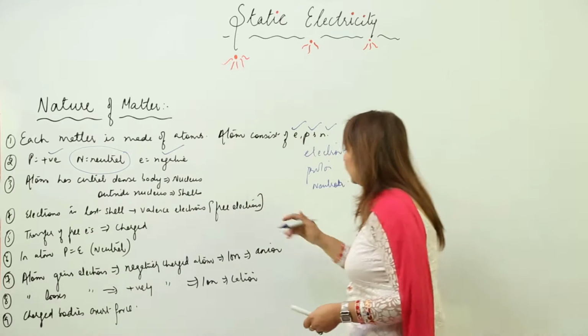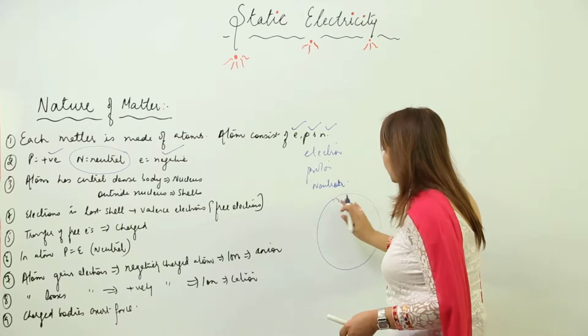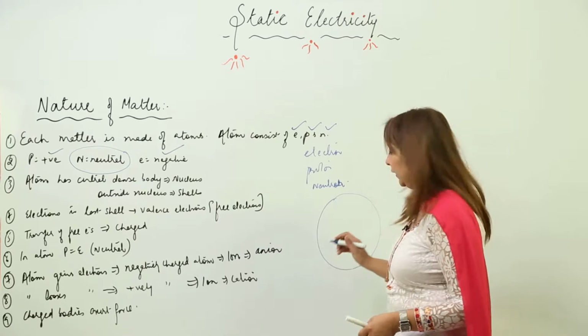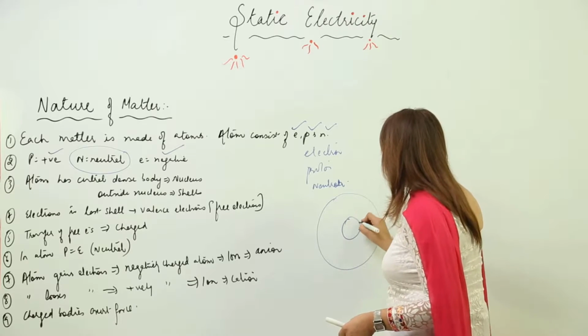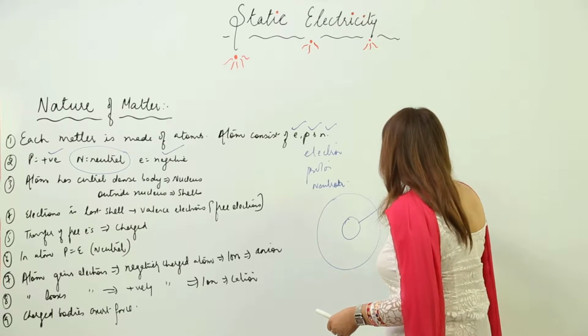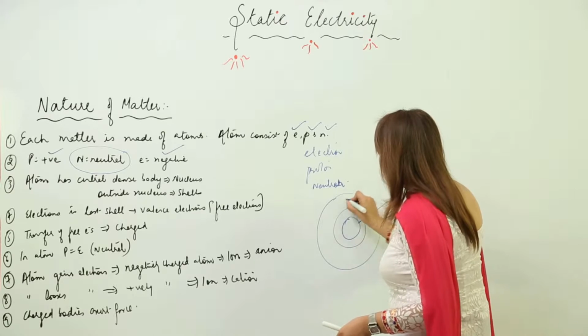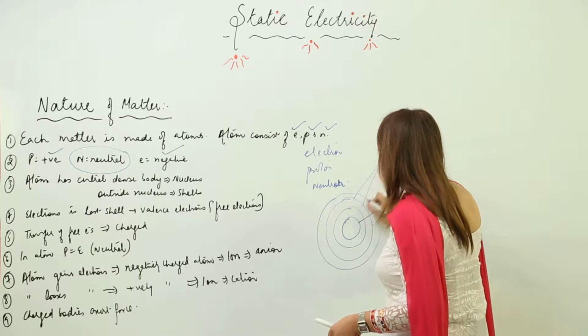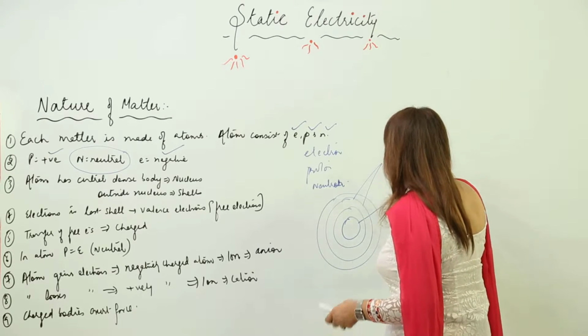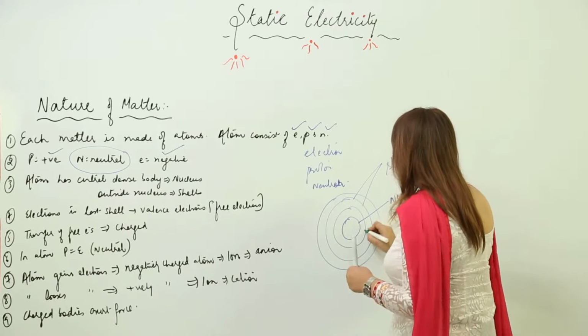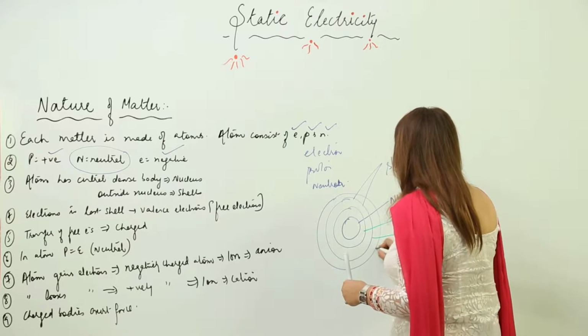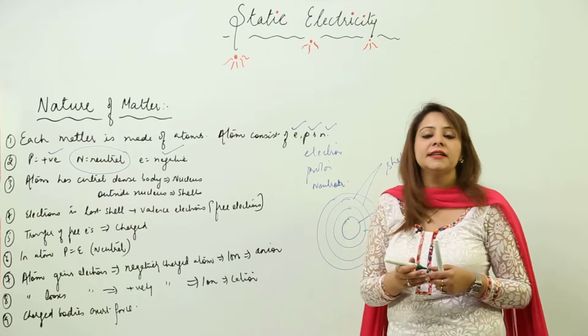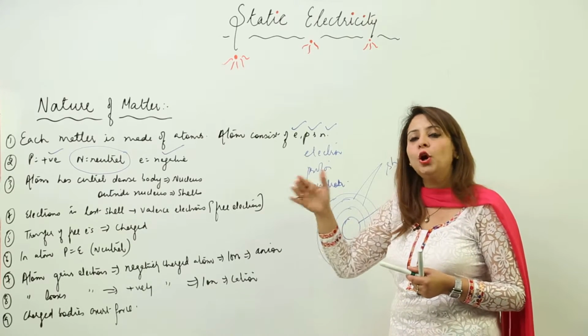Now what is the structure of an atom? Atom is something like this, somewhat spherical. It has a dense body inside that is called the nucleus, and around it there are shells. These shells can be specified as K, L, M and so on, or numbered 1, 2, 3, 4.